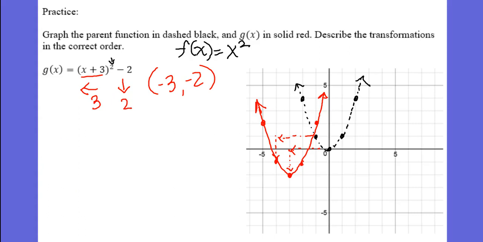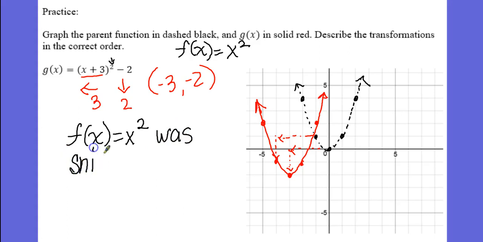Let's describe it. What did I do first? What did I graph first? The parent function. So I'm going to say f of x equals x squared was shifted. Which motion first? Okay, so I'm going to say horizontally.